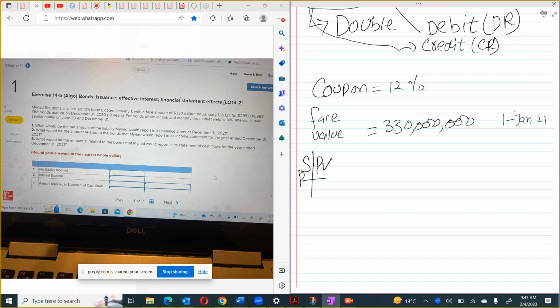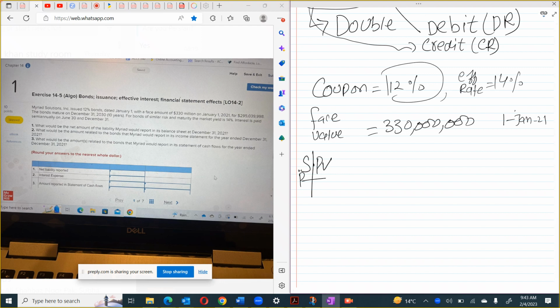Now I will give you a hint, and I will prove it to you. If you read the question, the coupon is 12%, the market interest rate is 14%, the effective rate is 14%. The indication is that this bond is a discount bond.